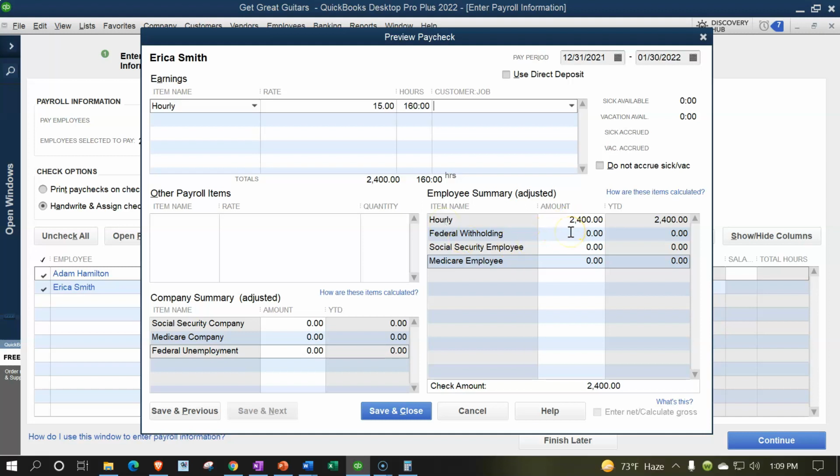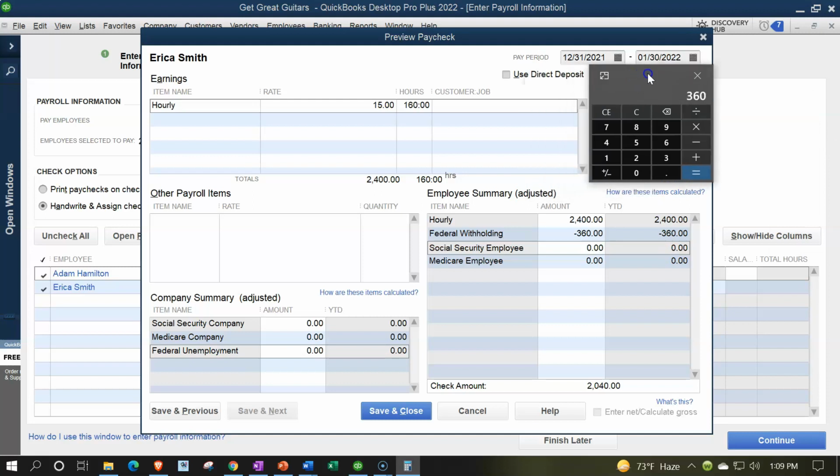We have to calculate then the withholdings on that. Again, I'm going to make up the federal withholdings that we would basically be getting from the W-4 type of information. And then the Social Security and Medicare, the flatter type taxes, we can typically get an idea of that, which is going to be the 2,400 times 0.062. That's going to be the 148.80 about.